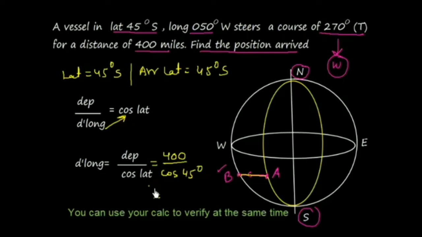This is another example of parallel sailing using a different formula. In this problem, we will use cosine latitude equals departure over difference of longitude. We are given a latitude of 45 degrees south and a longitude of 050 degrees west, and it steers a course of 270 degrees. In this problem, it is westward.